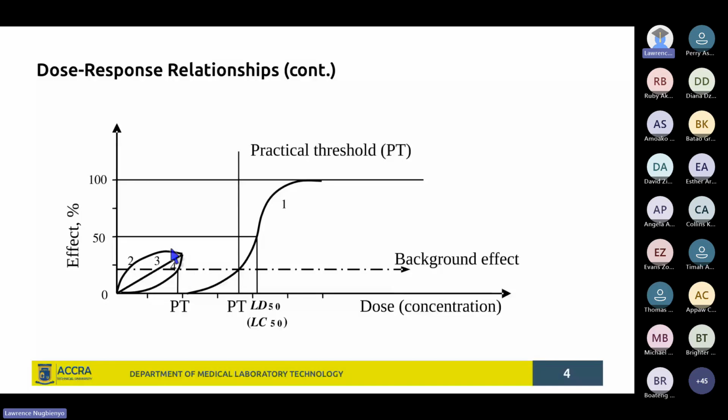But in all of this, mostly when this super minute concentration effect is being studied, it is the curve 3, which is a straight line. I mean, it's just an estimation of what can happen among some populations with such very minute dosages.